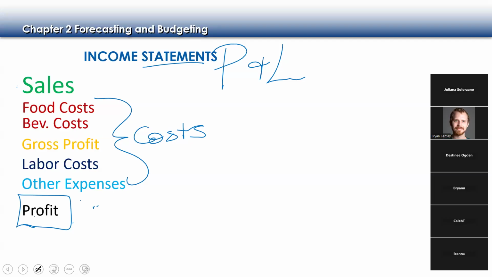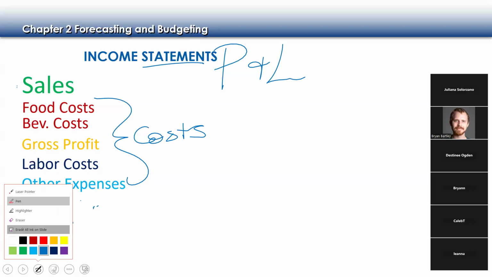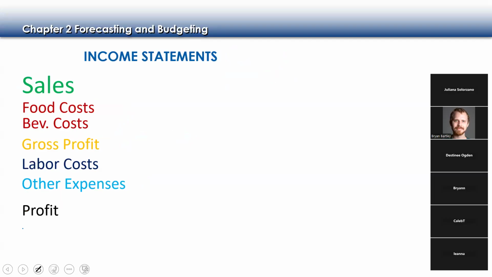All right, hold on to your seats. We are going to do some algebra. I know, okay? What is our profit formula? Profit is equal to what? Sales minus cost, right?